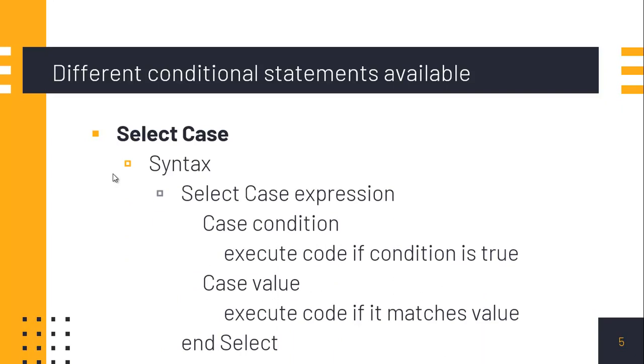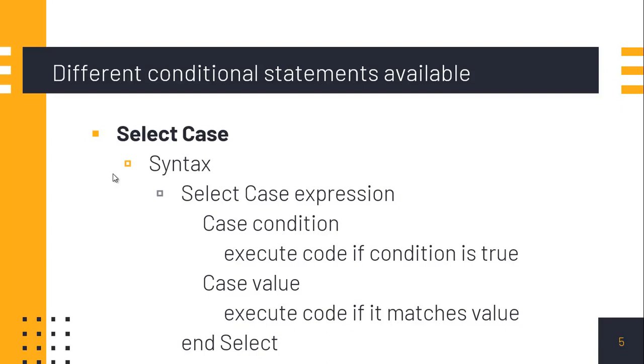Second conditional statement available is select case. Select case is similar to what the if condition does, whereas select case also allows different parameters. For example, in if we can only have a condition which returns true or false. In select case, you can also have an expression.